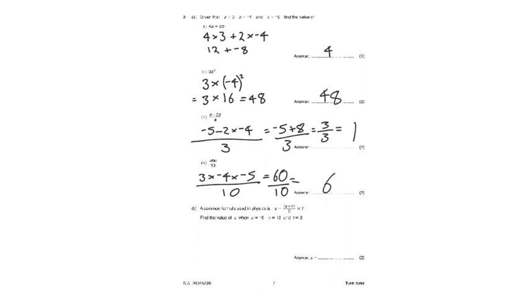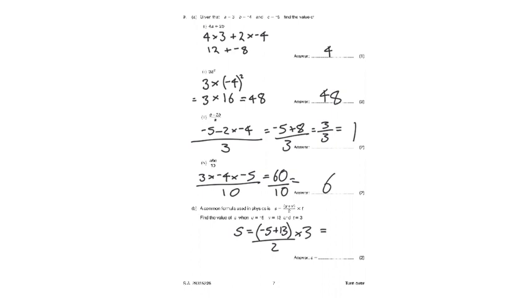And then finally, a common formula used in physics is S equals U plus V over 2 times T. This is the distance travelled. We've got a starting speed and an ending speed. Assuming it's constant acceleration, find the value of S. Well, S equals -5 plus 13 over 2 times 3.